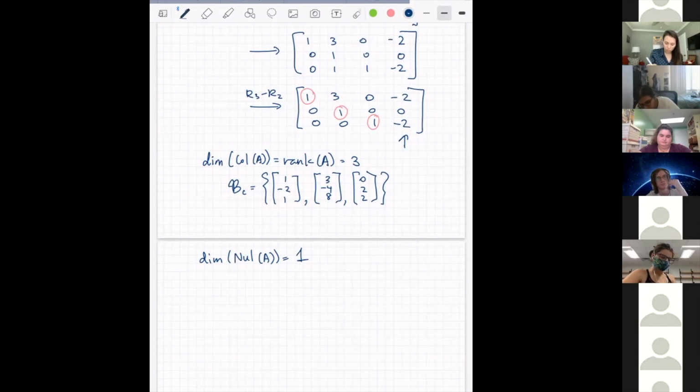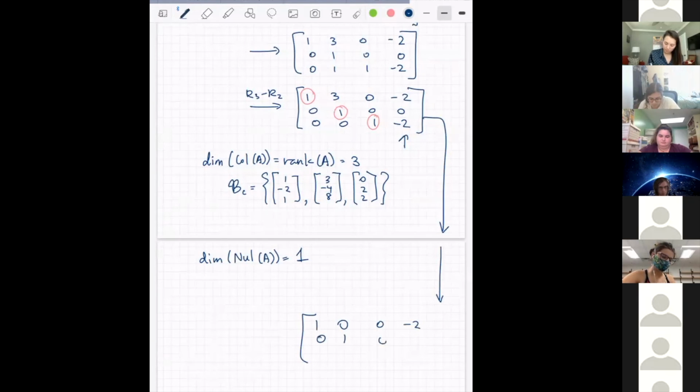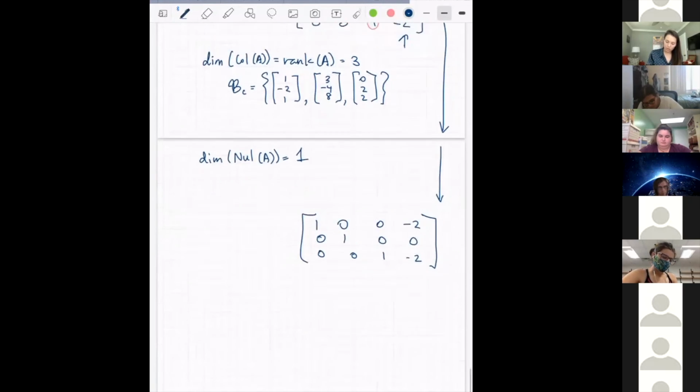In fact, it's just one more step for this to be completely row reduced. So let's go to reduced row echelon form. So I'm going to go ahead and do that. And it would just be getting rid of that 3. And 0, 0, 1, -2, right?